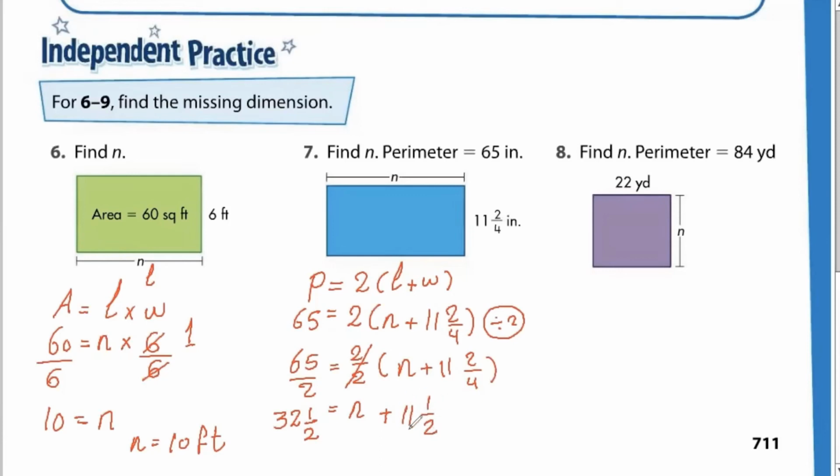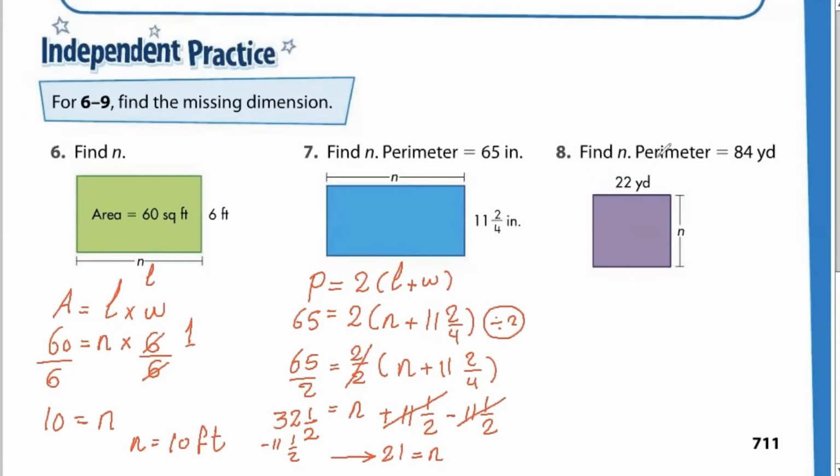To get rid of plus 11 and 1/2, I have to use the inverse operation, which is minus 11 and 1/2. Here also I will subtract 11 and 1/2. 32 minus 11 equals 21. Half minus half equals 0. And 11 and a half minus 11 and a half equals 0. n plus 0 equals n. So n equals 21 inches.